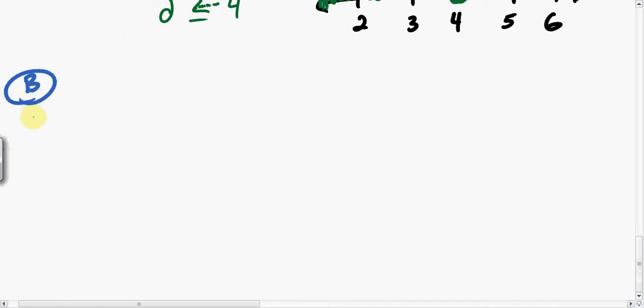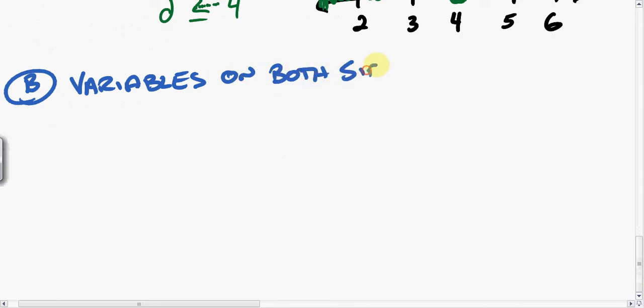We're going to look at solving an inequality with variables on both sides. Our inequality is negative 4x plus 3 is less than x minus 2.